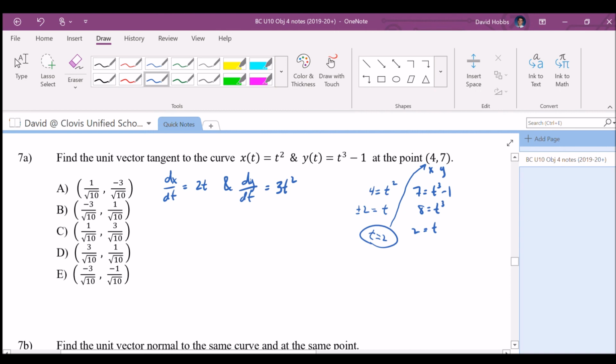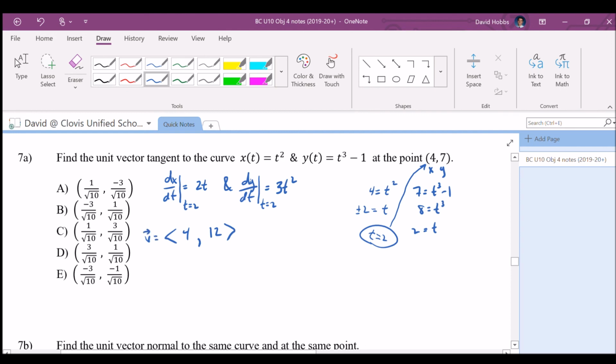Okay, so evaluating at t equals 2, we get <4, 12>. That's our velocity vector.